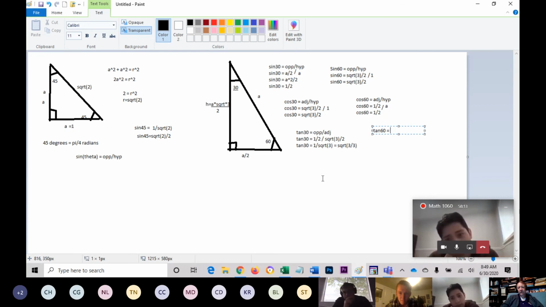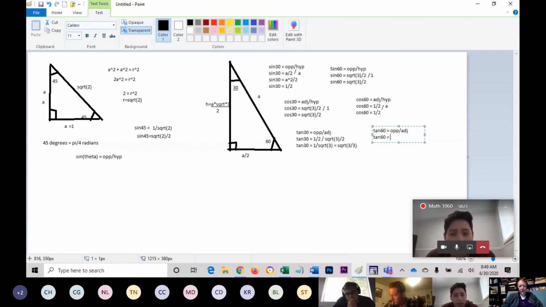The 60 is going to be opposite over adjacent. So in this case, it's going to be the square root of 3 over 2 over a over 2, right? That's correct. Okay.